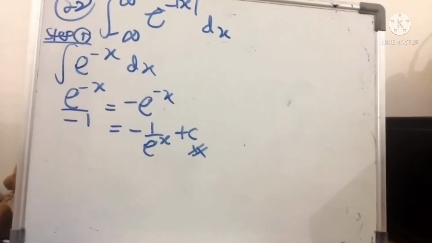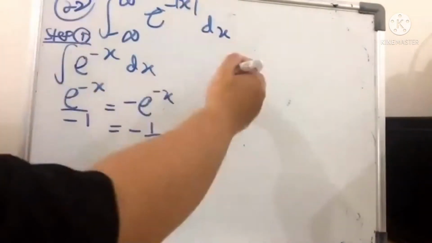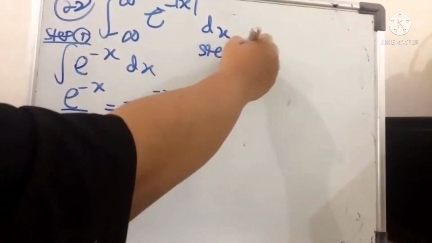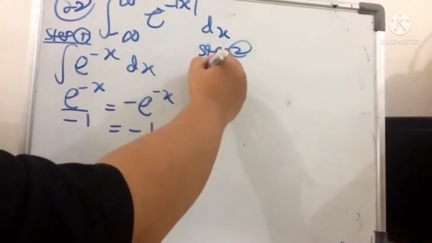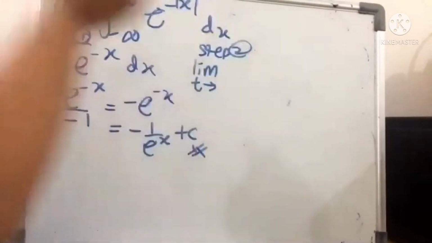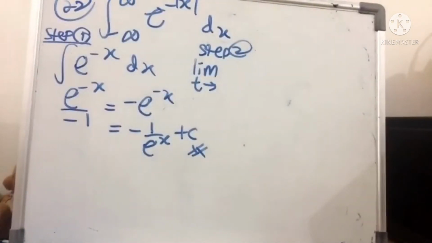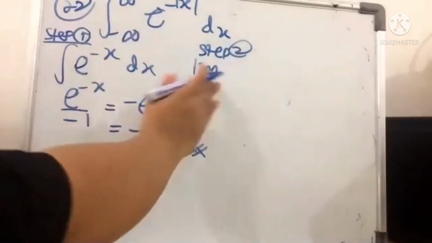Secondly, you have to change this into the limit. In step 2, you change into the limit t approaching infinity. Since you have two limits, you have to split it. The first one will be from negative infinity.